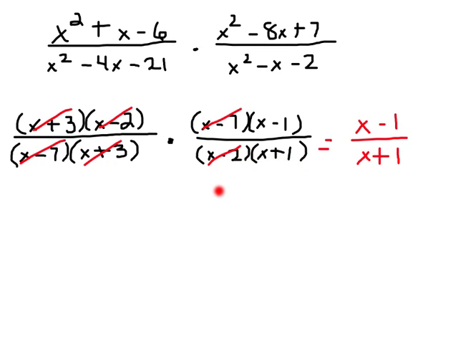Then we're going to start cross-canceling here and here, here and here, here and here, as long as one's on top and one's on bottom. And then we are left with x minus 1 over x plus 1, which is the answer to all of this. All right, so that is products of rational expressions. Let's look at quotients.